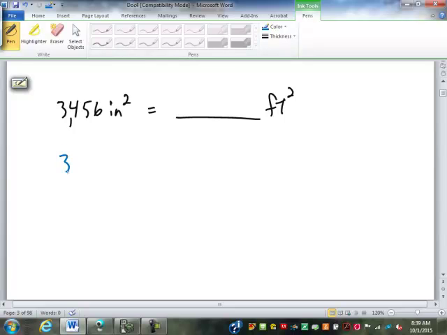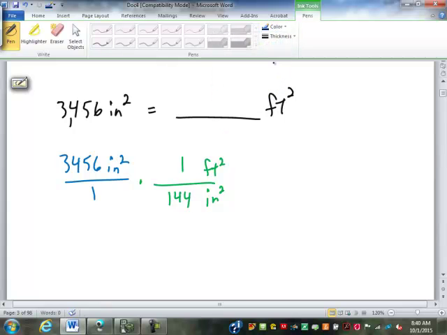What we're going to have to do, and I know you guys don't necessarily have to write out the whole conversion factor like this, but it helps me. 1 square foot is how many square inches again? 144.